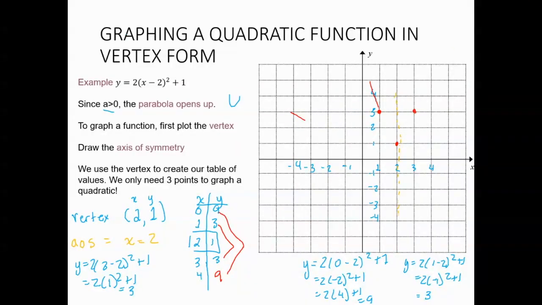Okay. So now all I'm going to do is connect the points as much of a curve as I can. And the same thing like in linear equations, we draw this arrow because this equation actually goes on forever. This isn't the end of my function, right? My function goes this way for an infinite amount of time and this way for an infinite amount of numbers.